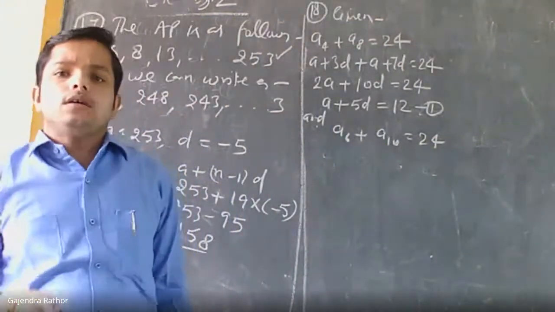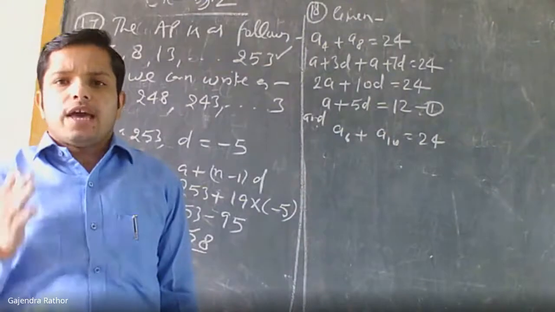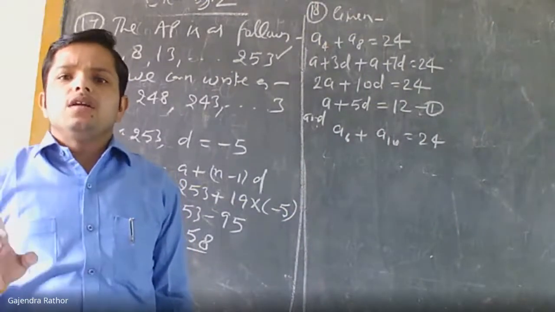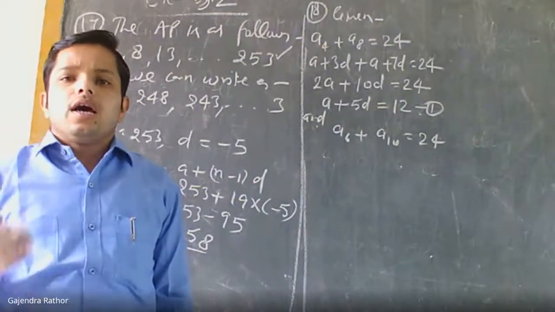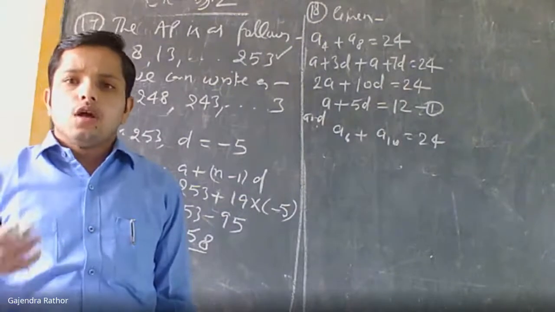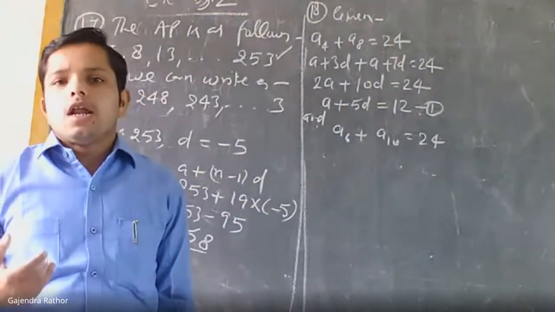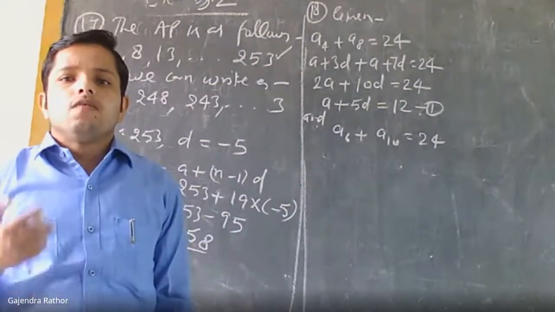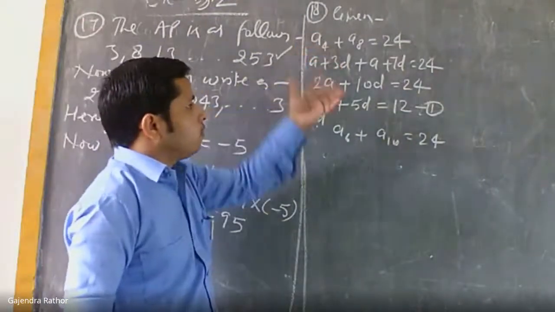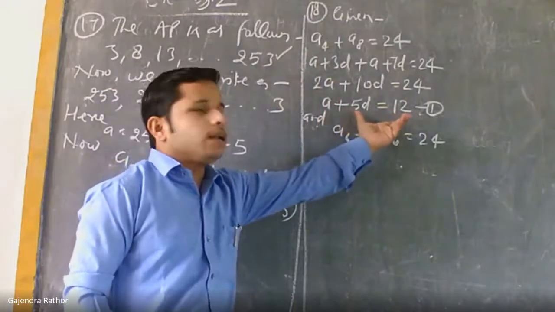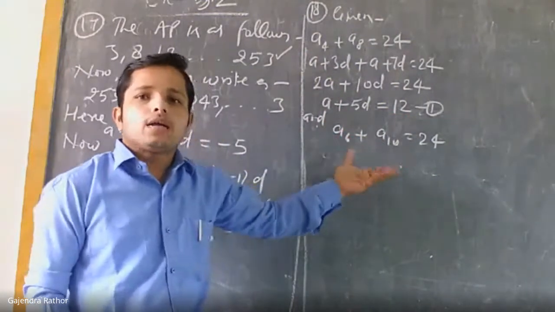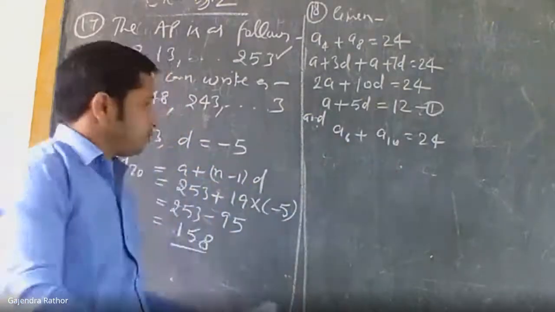Now we know that to find any terms of an AP, we first need the value of the first term and the common difference. So from the first condition we made an equation, and from the second condition we also convert it into an equation.